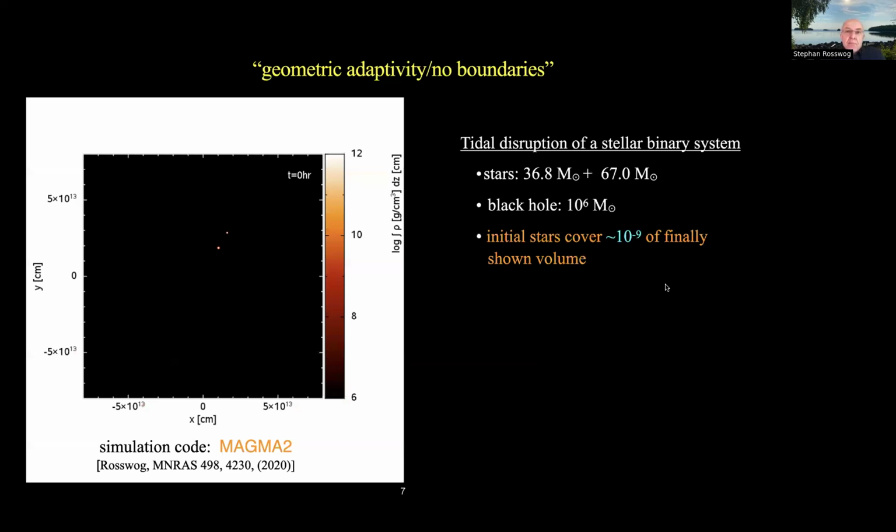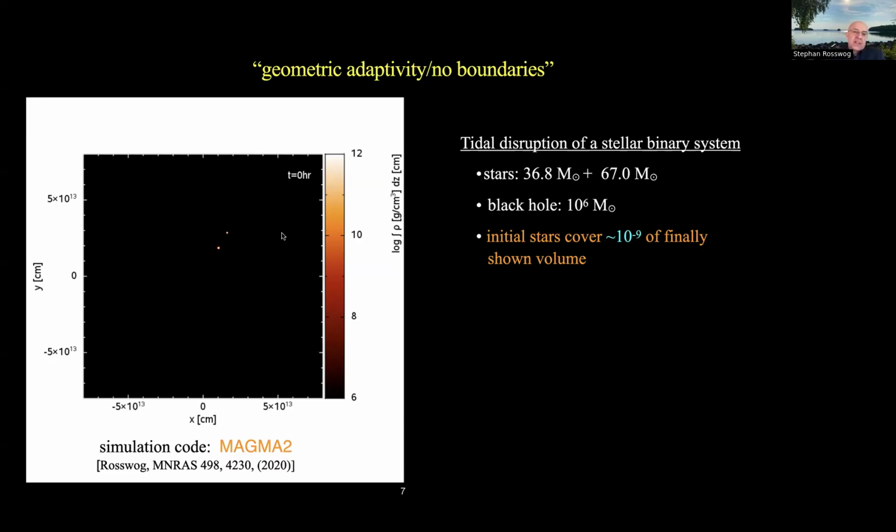Now, one example, which I would claim is probably not doable with an Eulerian code, but if you think otherwise, please prove me wrong. So this is an astrophysical example where you have a binary system. You see these two stars here, two massive binary systems, and you have a black hole of 1 million solar masses sitting at the origin.